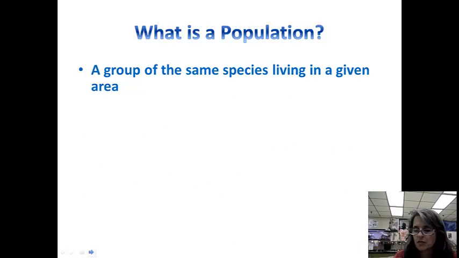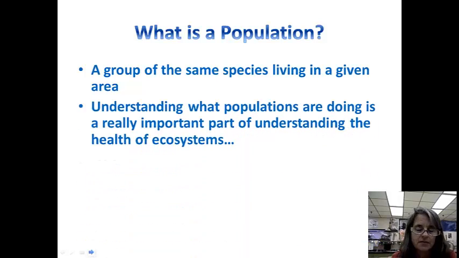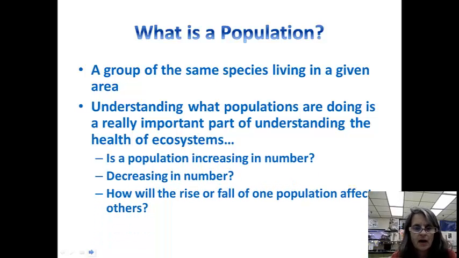So perhaps all the gray squirrels around Monacan High School or something like that could be a population, but it's a single species. Understanding what populations are doing is a really important part of understanding what our ecosystems are doing and understanding the health of our ecosystem. Is a particular population increasing in number, or is it decreasing in number?